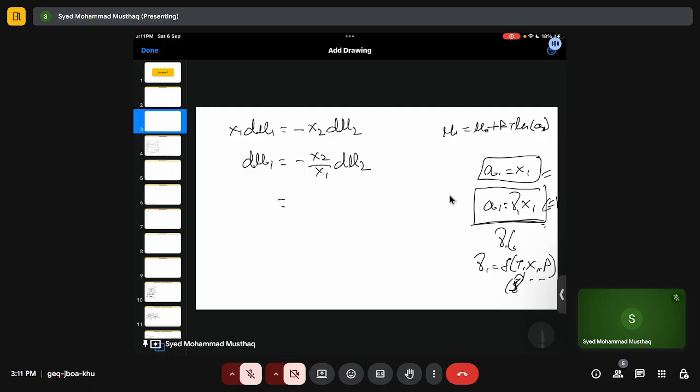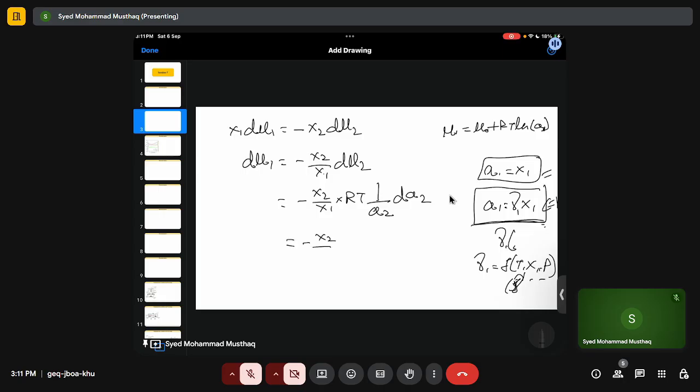What is my d mu2? The mu naught will go away, so I have only RT ln, so it will be RT ln a2, and then you have d of a2, right?